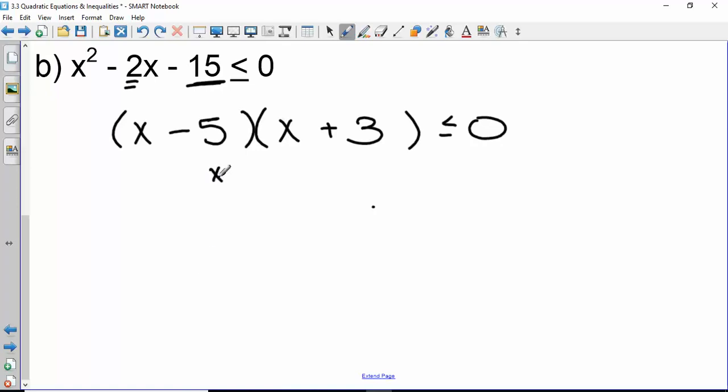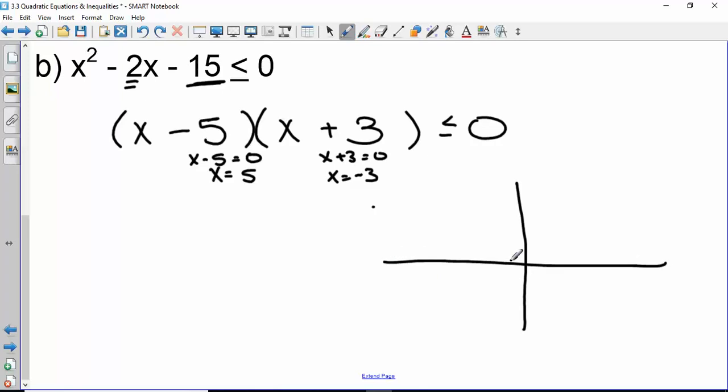Okay, so what things would make that equal 0? If I want to know when x minus 5 equals 0, that's when x is 5. So if we think about our graph, we hit the x-axis at negative 3 and positive 5. Does this open up or down? Up. Up because it's a positive x squared.